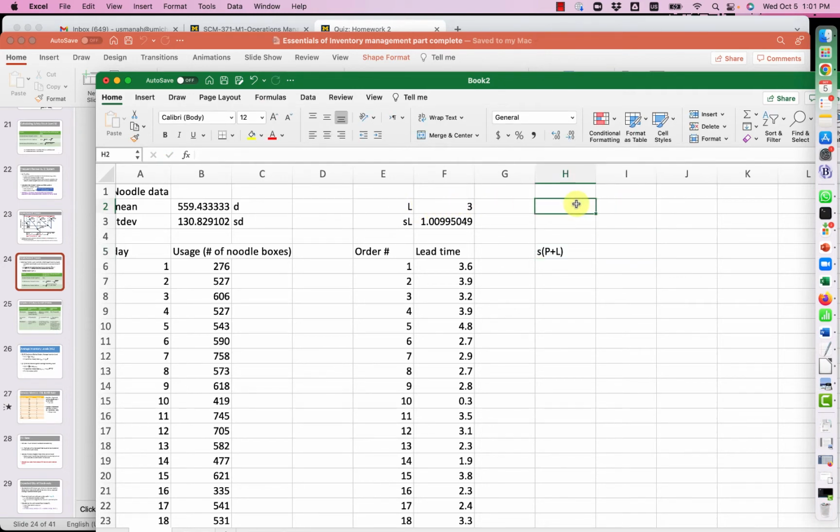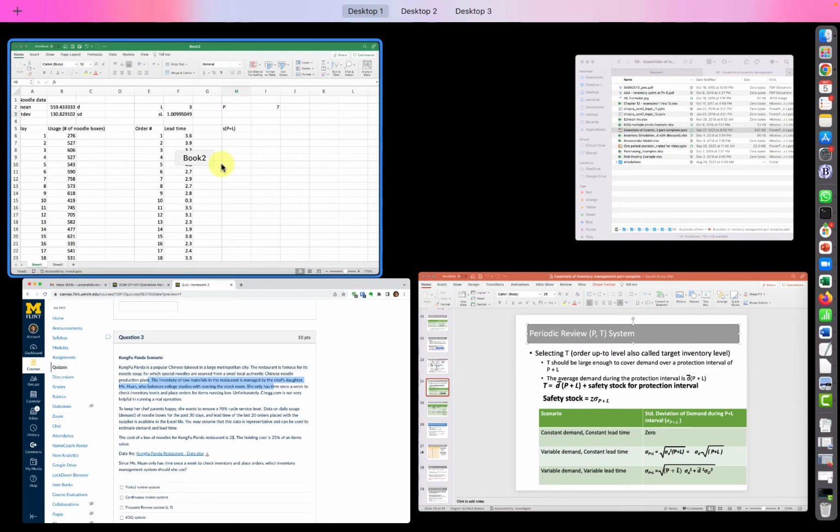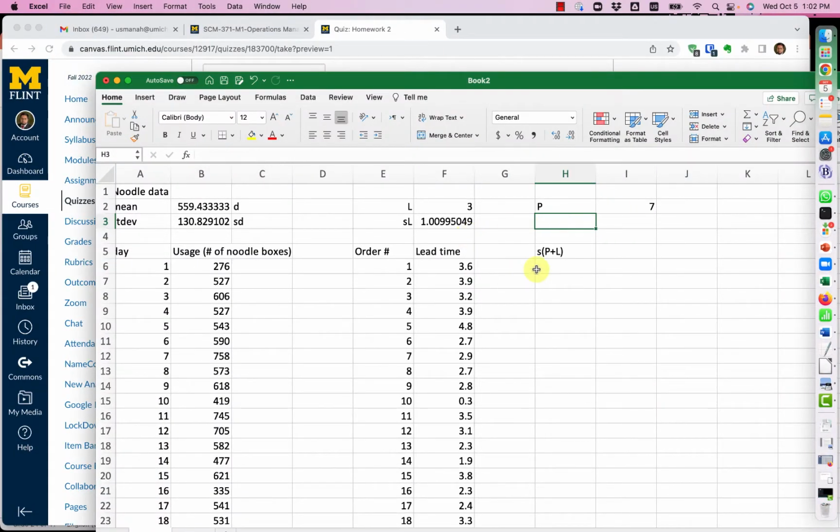We need P. P, I believe, is 7 days. Once in 7 days, inventory is checked. We can just double check with the question: once a week to check inventory levels. So every 7 days inventory is checked. So that is P.